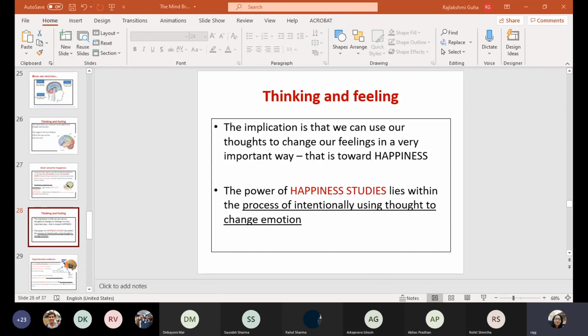That's how the imagery gets related. But the imagery of a happy feeling or happy emotion does not get transferred to the core expression or core feeling state.